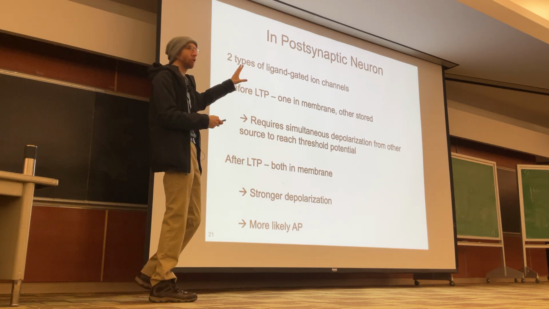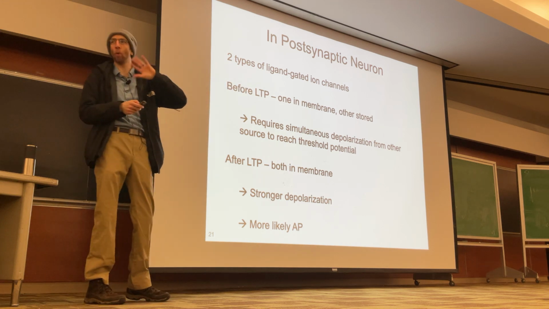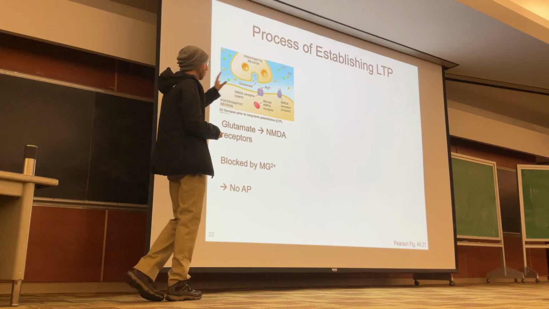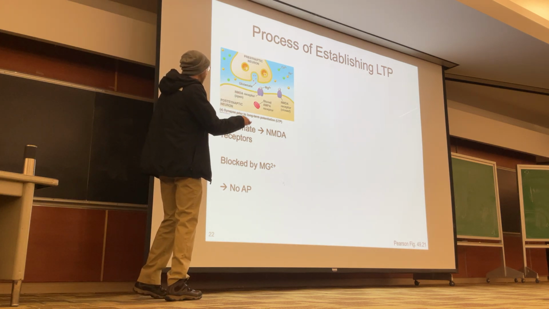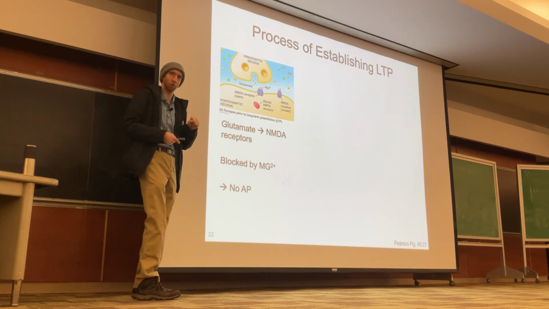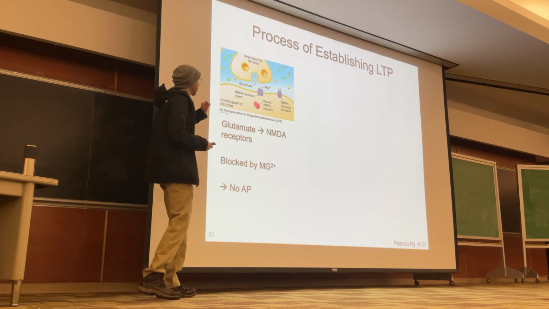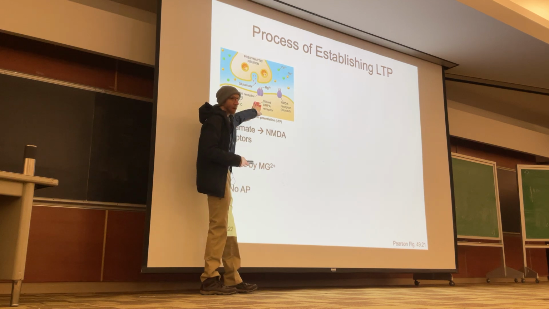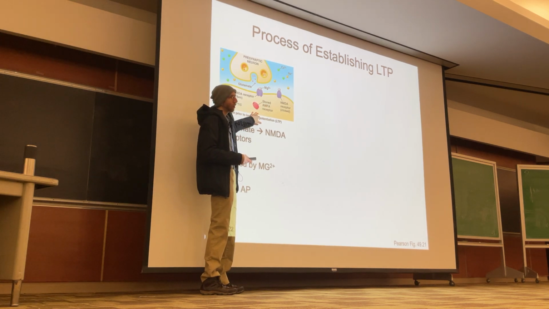Again, the pictures are more detailed than you need to know, so don't worry about the specific types of receptors or anything. But I just want to show you visually how these changes actually look at the molecular level. So here's our before state. We have two types of receptors, purple in the membrane, pink below the membrane, in storage.